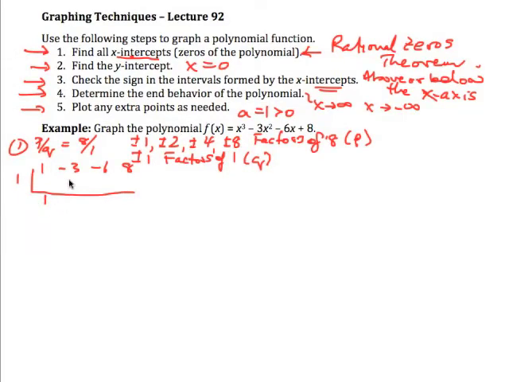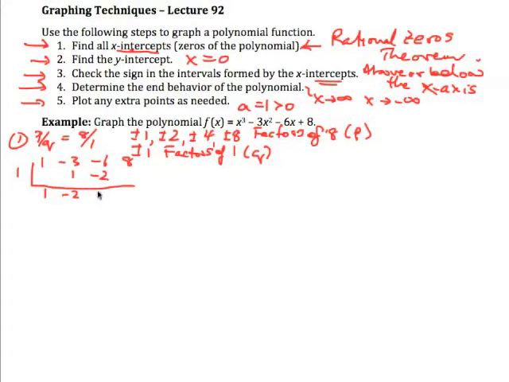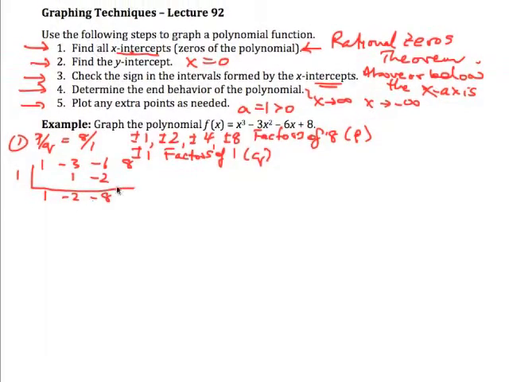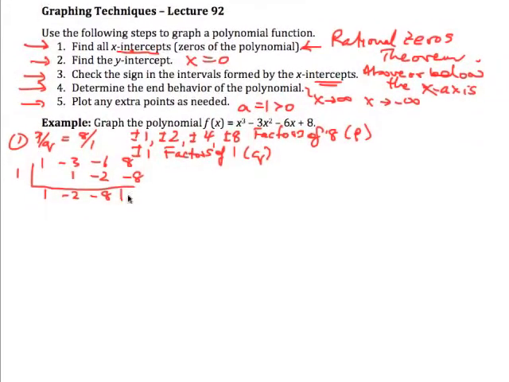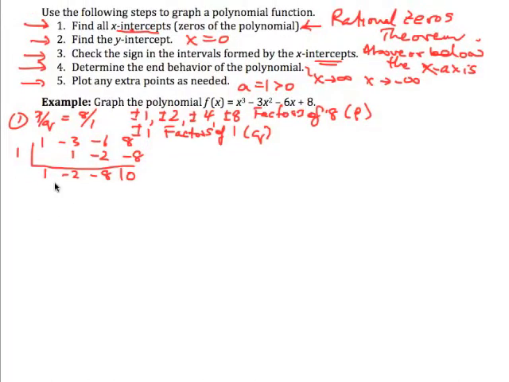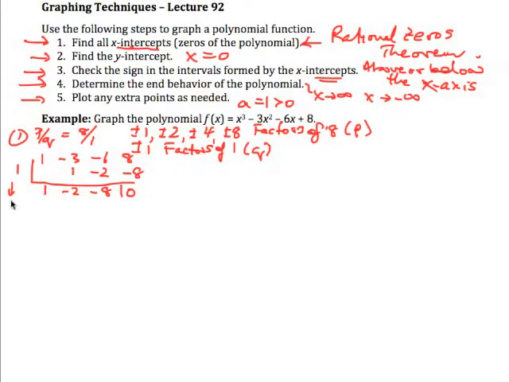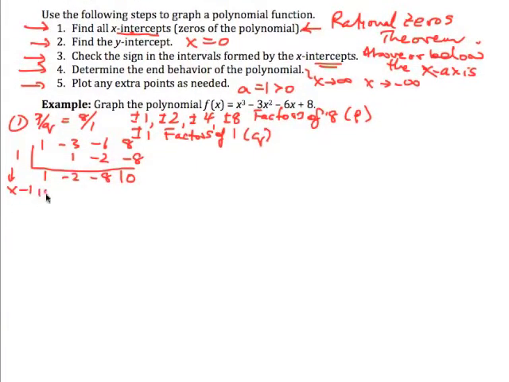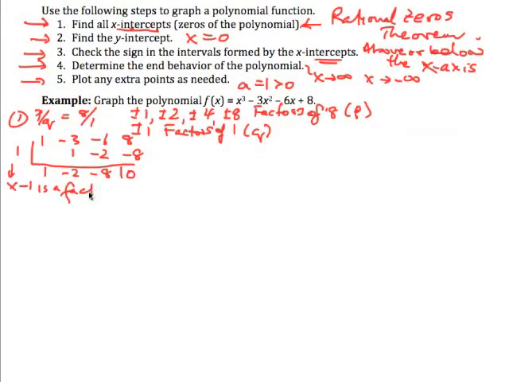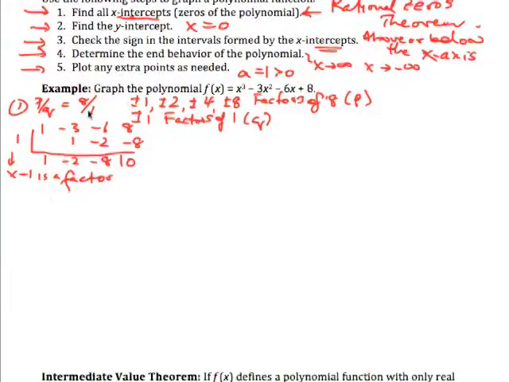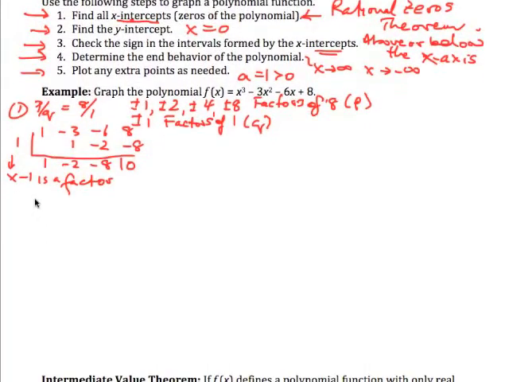I put 1 here, I get 1, I get negative 2, I get negative 2 here, and I get negative 8, and I get negative 8, and bingo, I've got the first one. That was helpful. Since we have that first one, this means of course that x minus 1 is a factor. Now we have a cubic, so that's as far as we need to go.